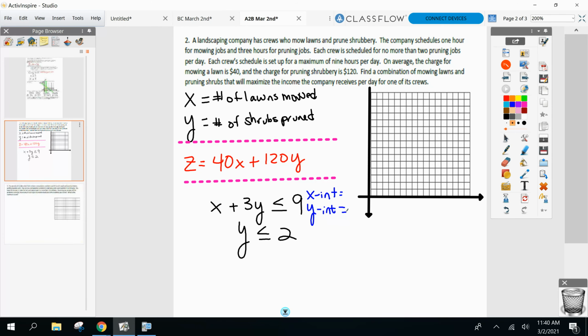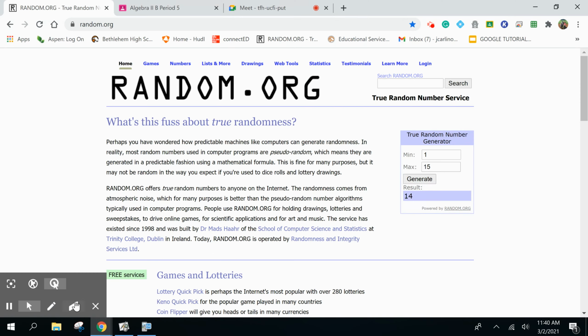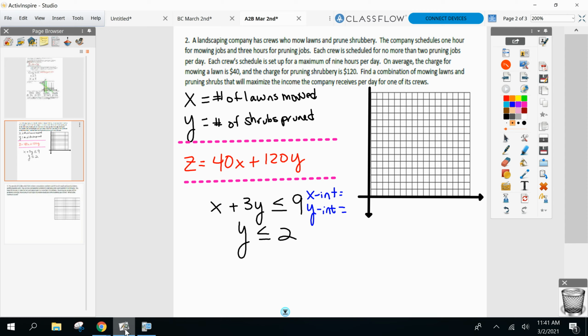Plug in 0 for the opposite variable. Hunter, when you're ready, what are the x and y intercept for that first inequality?